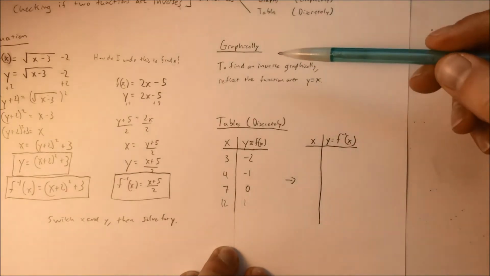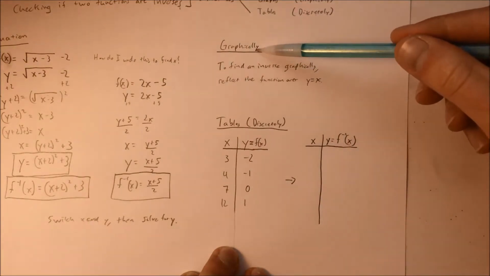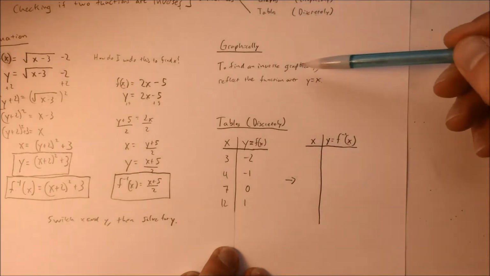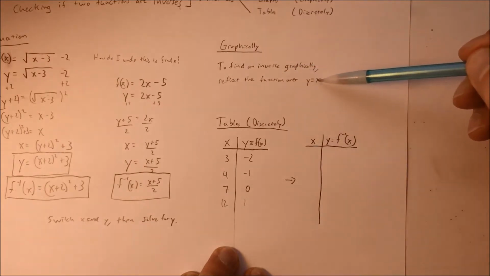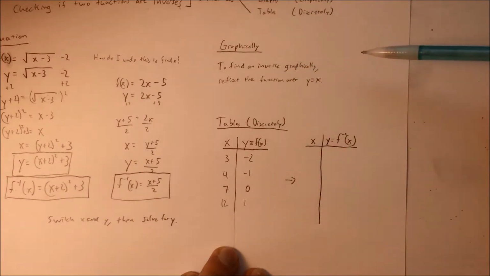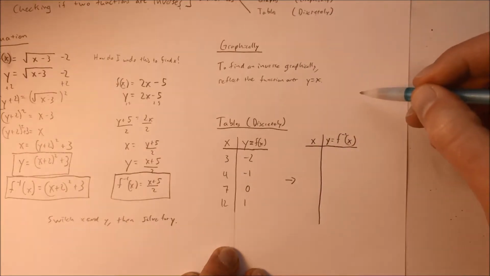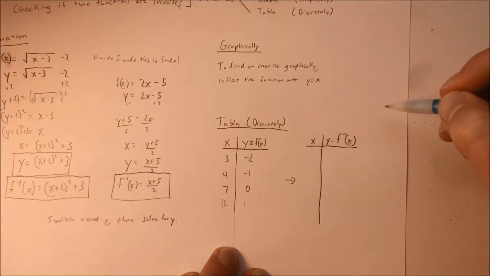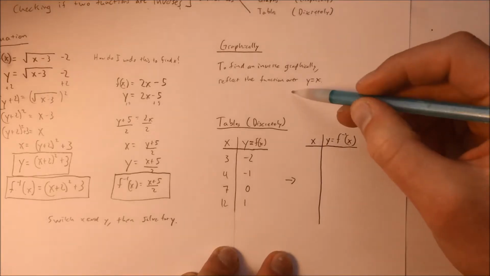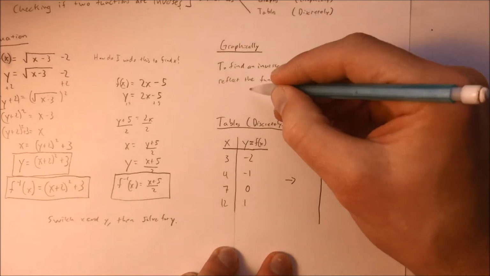All right, so if we need to find an inverse graphically, all you have to do is reflect that function over the line y is equal to x. And when we do, you're going to find that all the x-coordinates become the y-coordinates, and all the y-coordinates become the x-coordinates. That's going to lead us right down here.